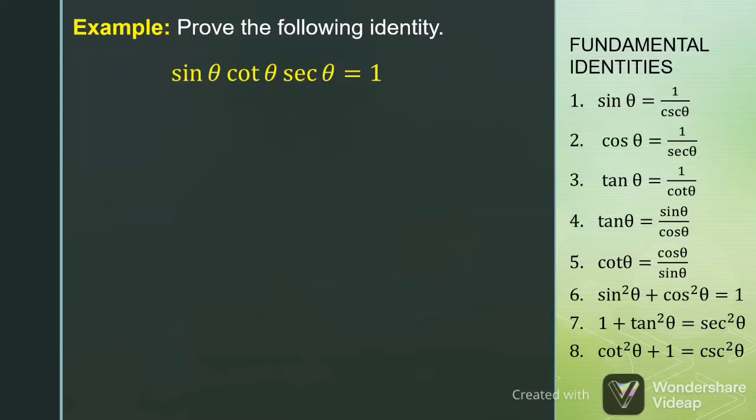Okay, but the common step that we are going to do is simplify the more complicated one. If one of the sides of the equation contains only sine or cosine, use the other side to manipulate and make it the same as the other side.